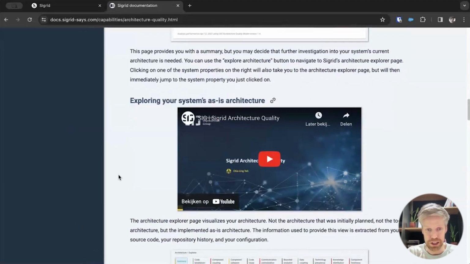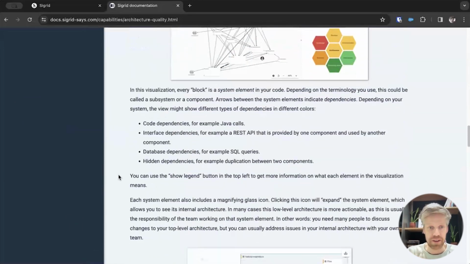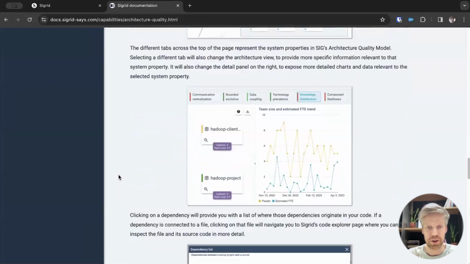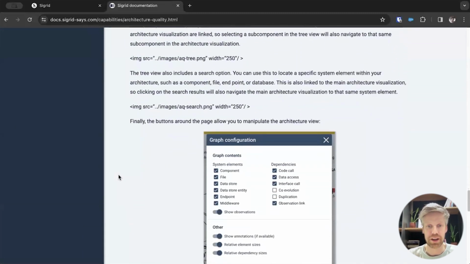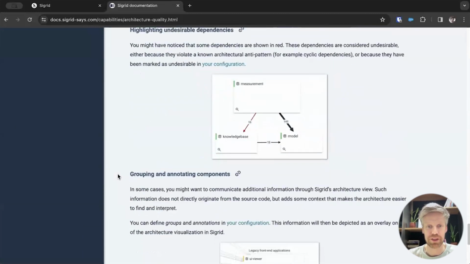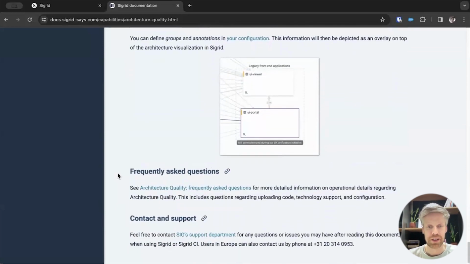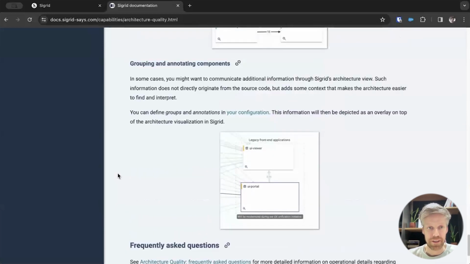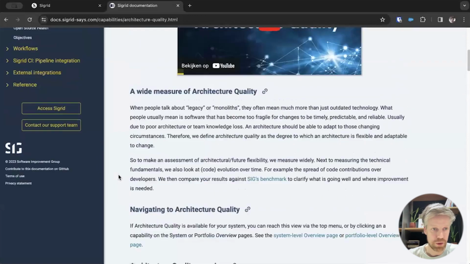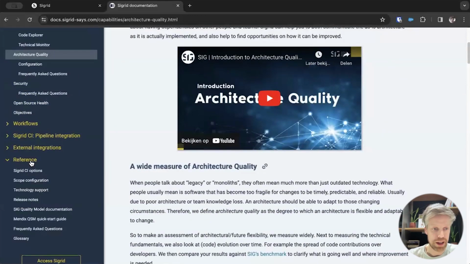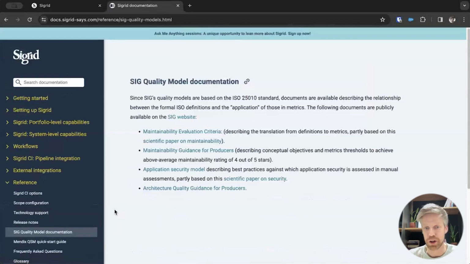You get more information on all kinds of levels: what they are, what they do, what it looks like, what you can find here, how it works, how you can configure it. Another thing I want to show you is more information on what the quality model is. If you want to know more about architecture quality in a broad sense, we have the architecture quality guidance for producers down here.